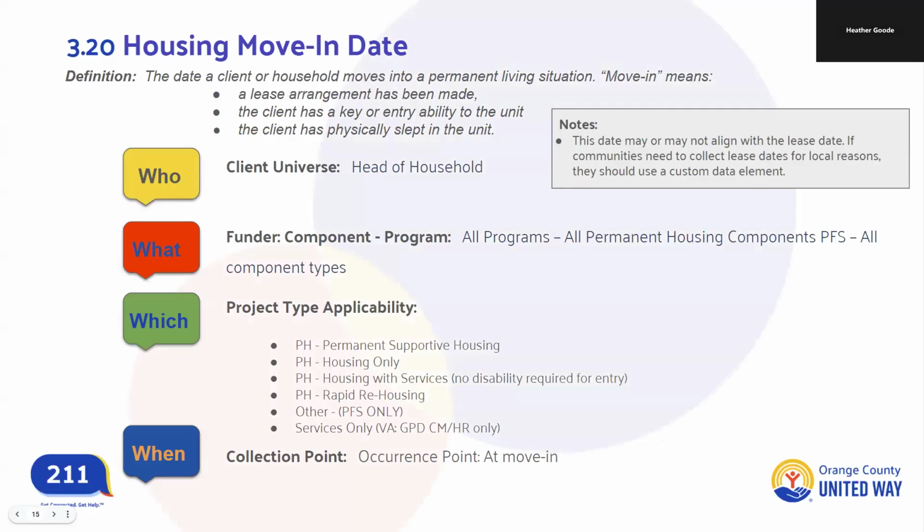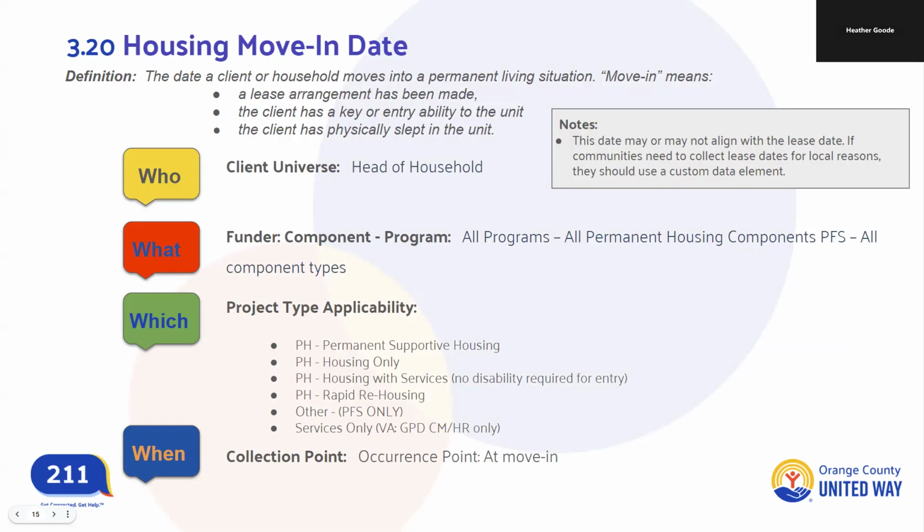The housing move-in date data element is a critical point in time data that differentiates those that have already moved into permanent housing from households who are enrolled in a permanent housing project, but who are still literally homeless. This element has a more specific set of data requirements than project start and project exit.